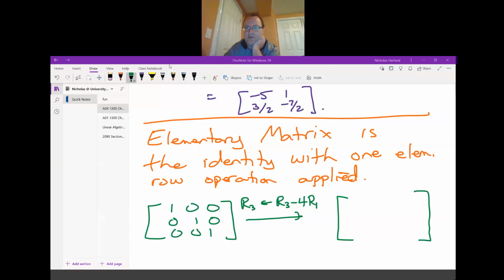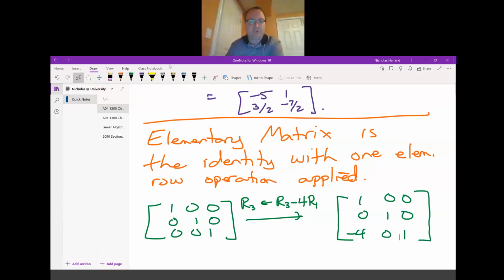Row 3 becomes negative 4, 0, 1. What about row 1 and row 2? Stays just like any time. You perform one row operation, it only ever changes one row unless you do the swapping 2 row operation, in which case it changes 2 rows.